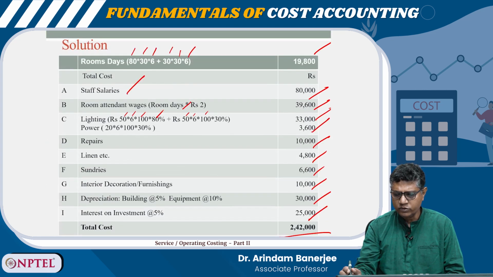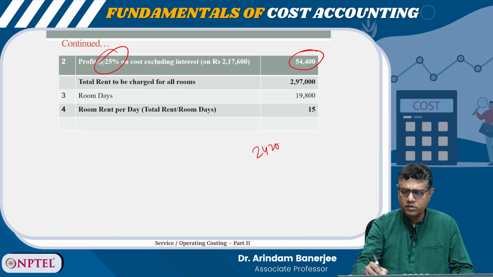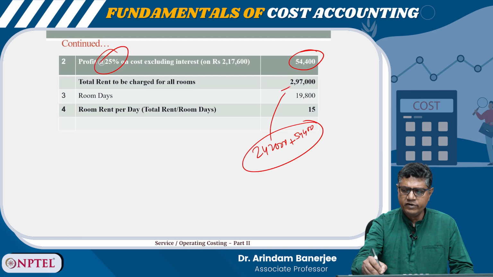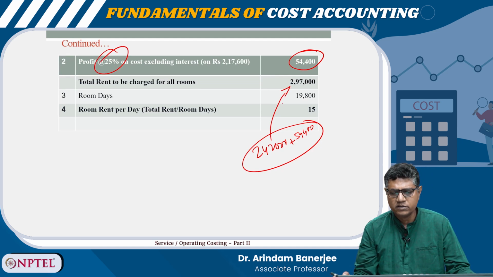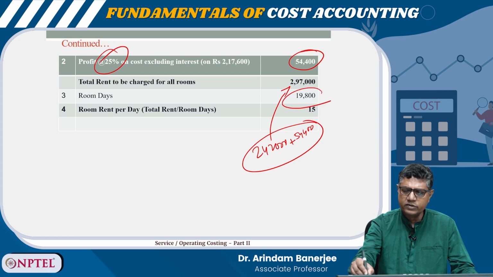If I add these two, 2,42,000 plus 54,400, I will arrive at 2,97,000, right? And how many room days did we calculate earlier? 19,800.